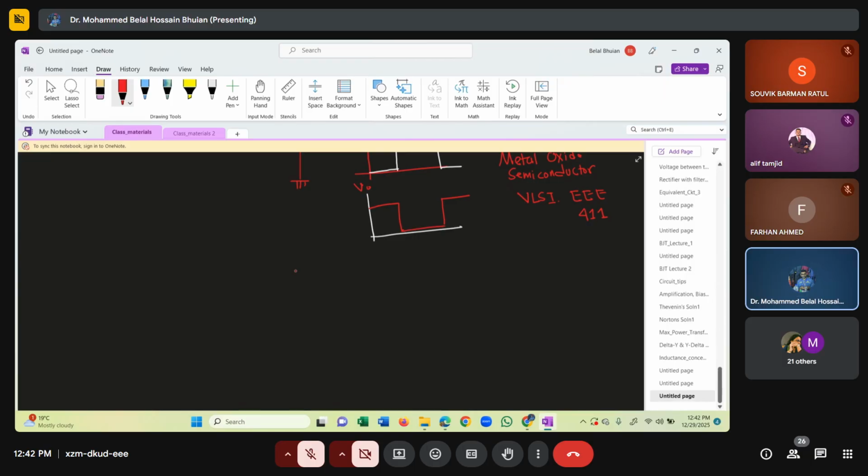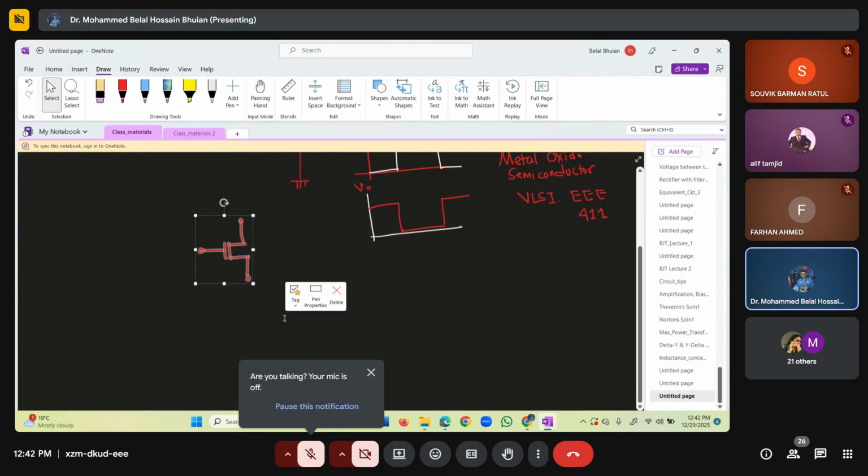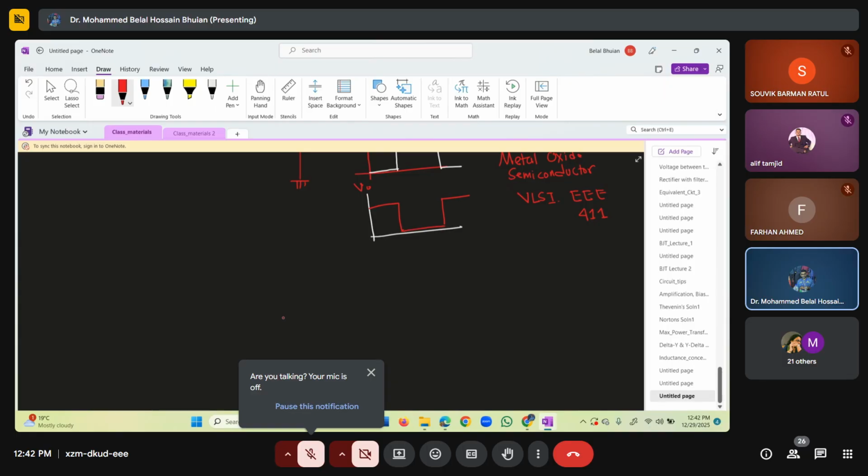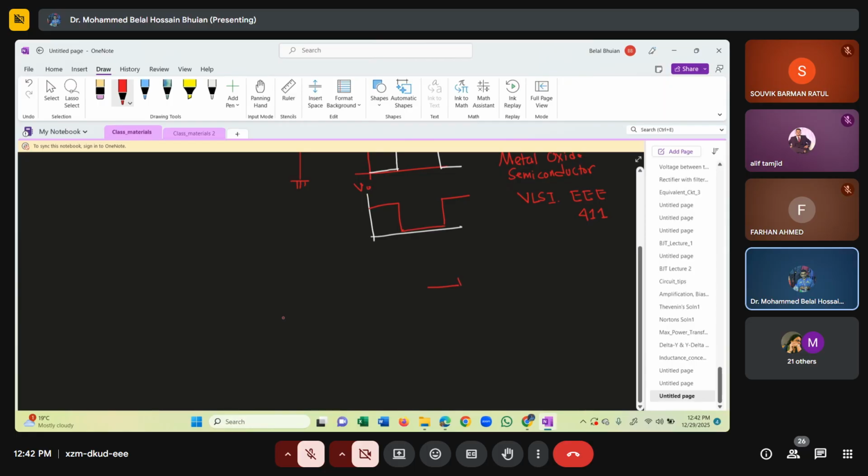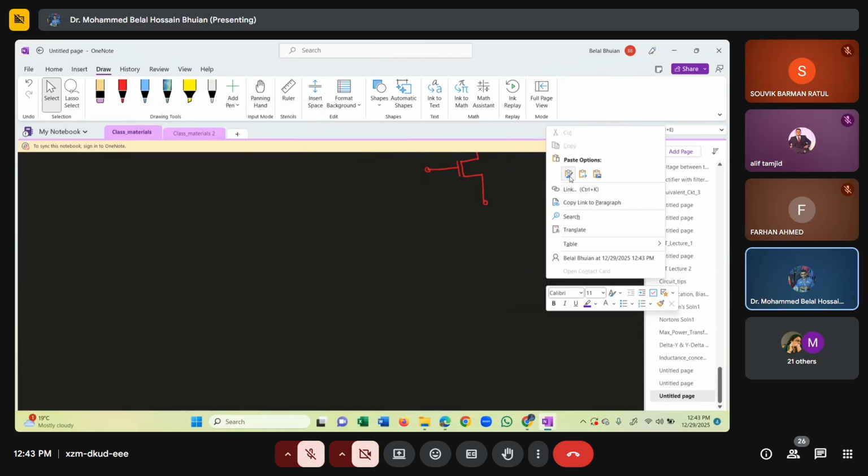So how is the circuit representation of CMOS?